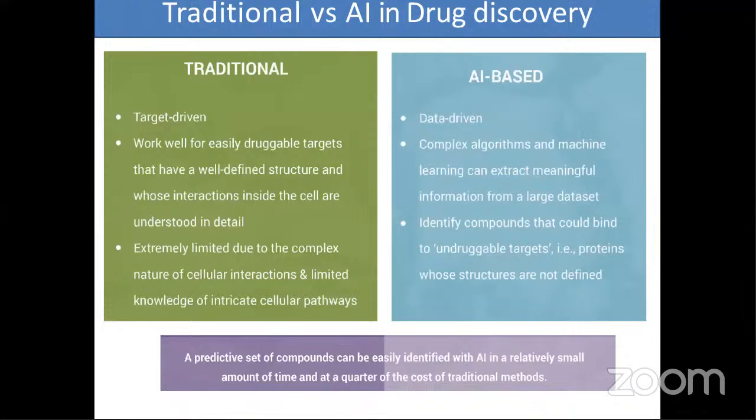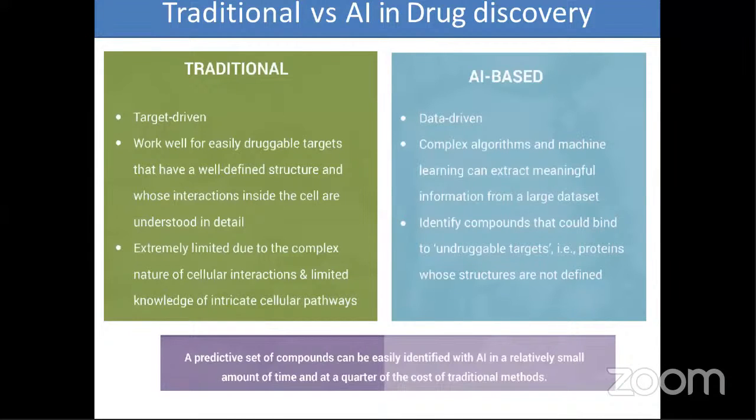We can see a comparative differentiation between the traditional and AI based approaches. Traditional is target based or target driven, whereas AI based is data driven. For the drug target, it should be a well defined target, but we won't get the cellular interaction studies with the traditional data.